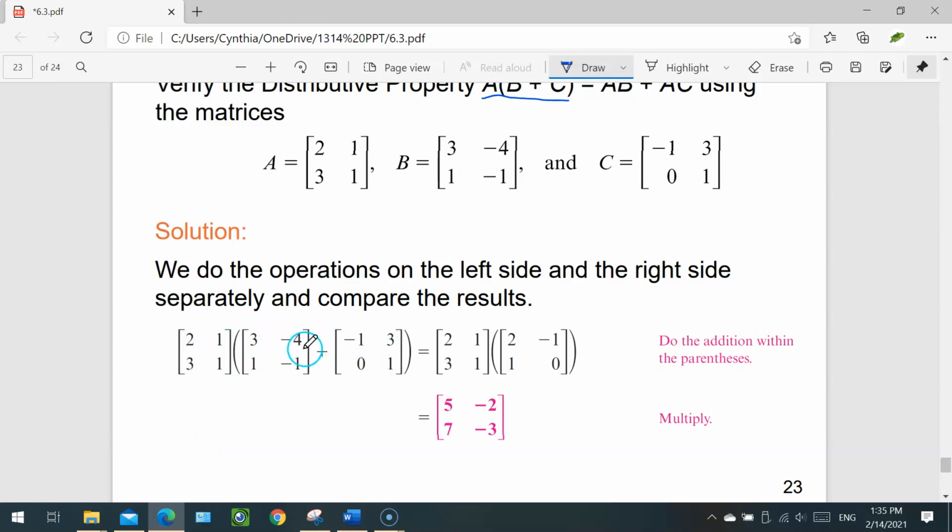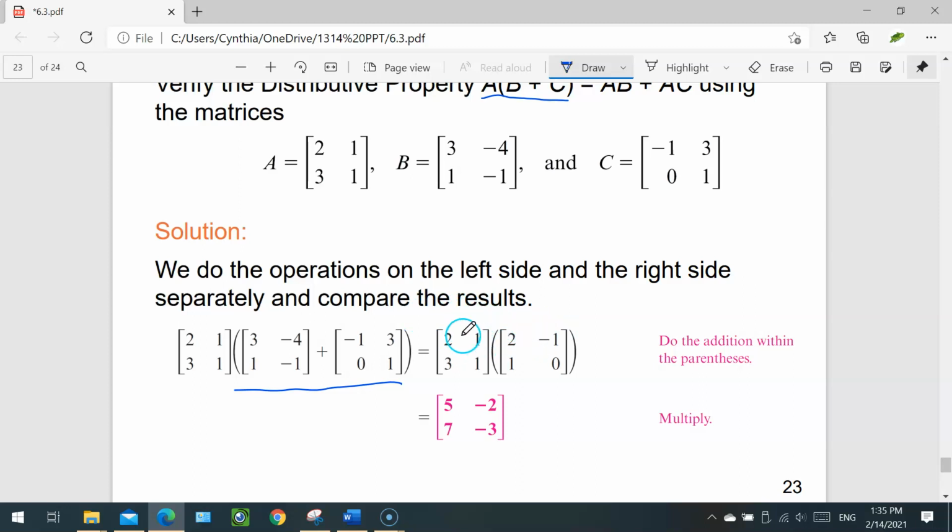When we sum these two inner matrices, we go with the corresponding positions. Remember that? So 3 plus -1, you have a 2. -4 plus 3, you get a -1. 1 plus 0, you get a 1. -1 plus 1, you get a 0. And then matrix A stays in the front. Your order stays the same.